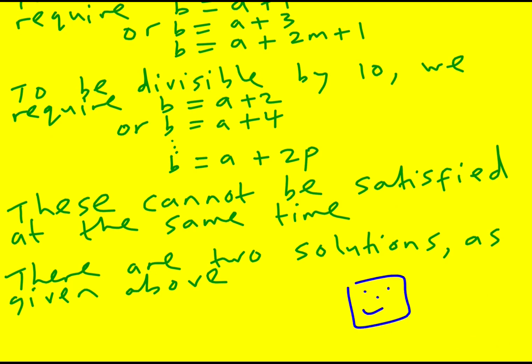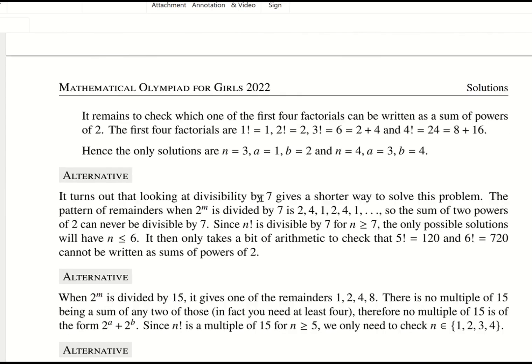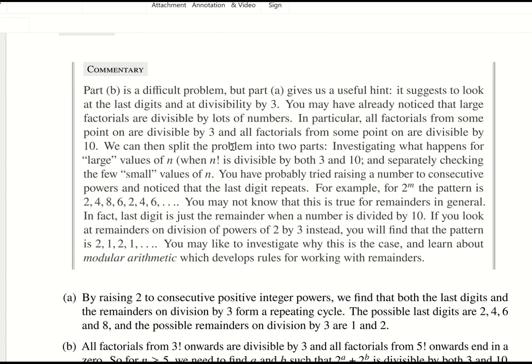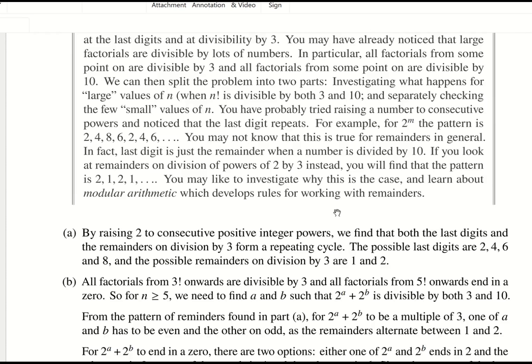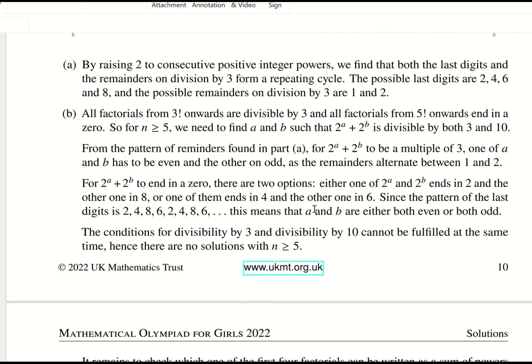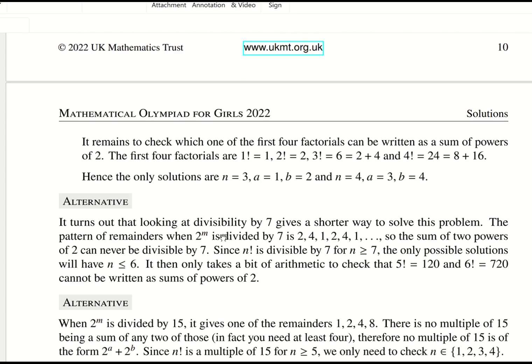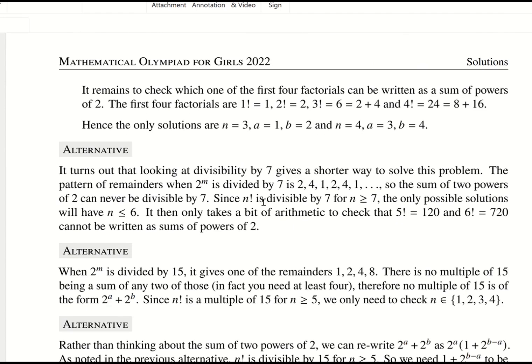I'm just going to quickly show you the official mark scheme. They do it similarly. They say first of all it's a difficult problem, but the A gives a hint. And they talk about 10. I'm not going to read all of this out. They then talk about how you could do it by looking at divisibility by 7, because the pattern of remainders when 2 to the m is divided by 7 is 2, 4, 1, 2, 4, 1.